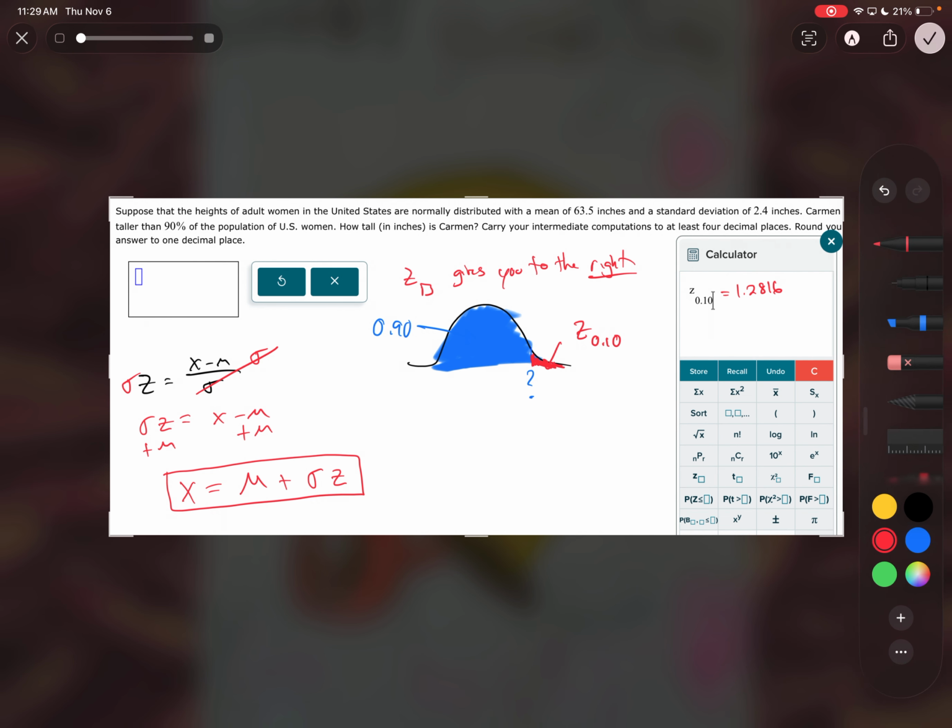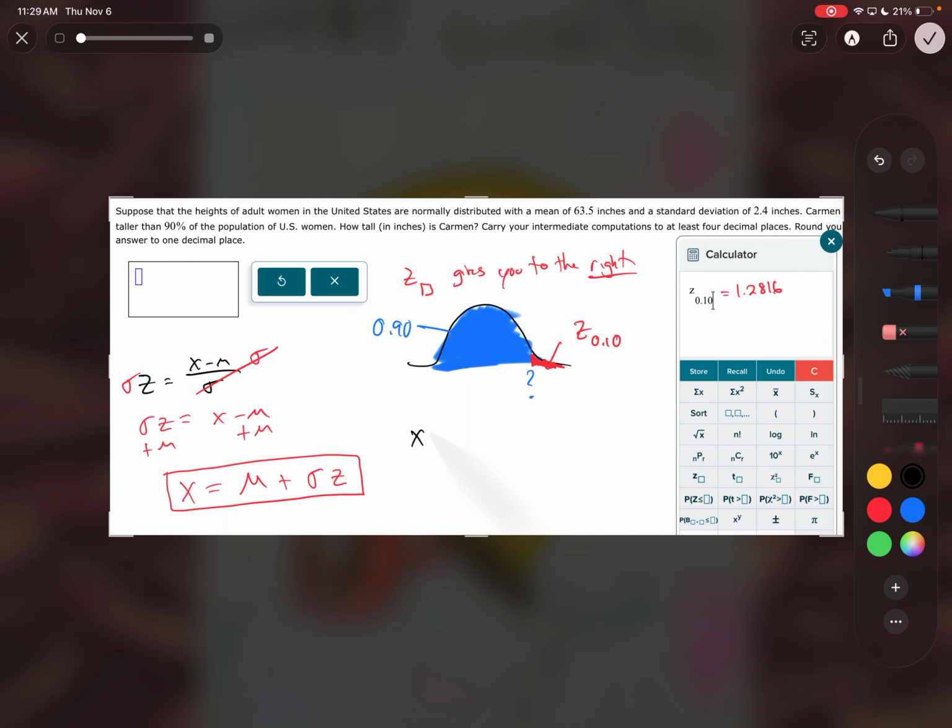So what we do here is we're trying to find x. So our mean was 63.5 plus my standard deviation is 2.4. And then we did have to use our z-score number over here, 1.2816.